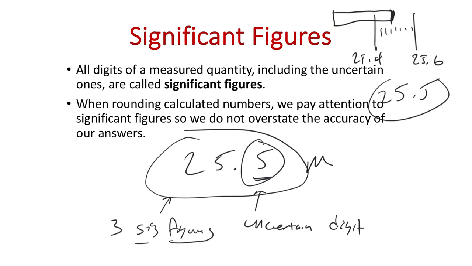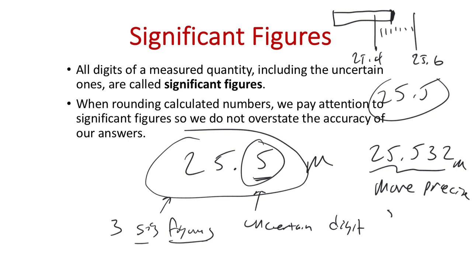If we had this object's length determined to be 25.532 meters, the difference between those two values is that the second one, with more digits, is more precise, because it has 5 significant figures. The 2 here would be its uncertain digit, the digit we would have been arguing about being 0.1 or 0.3, having some inherent uncertainty.